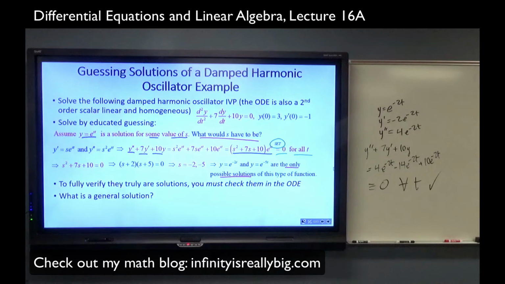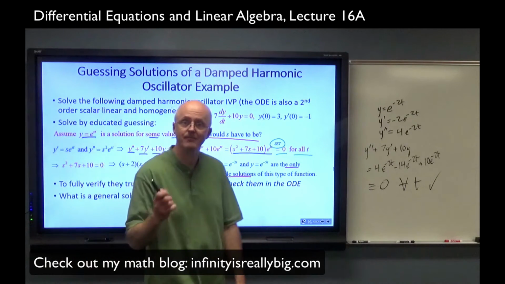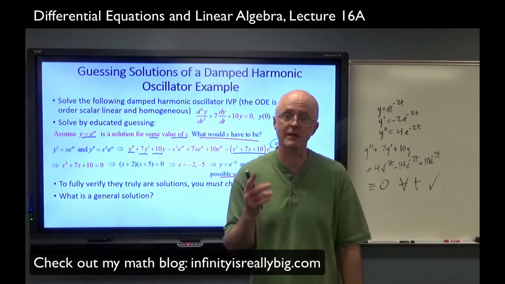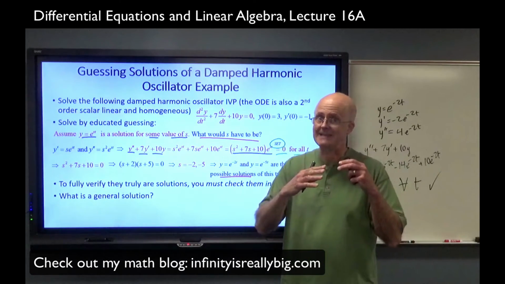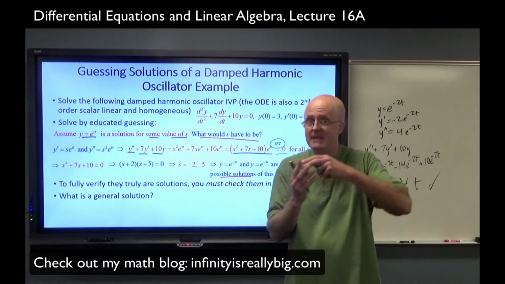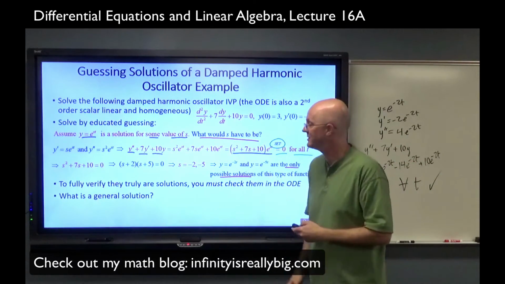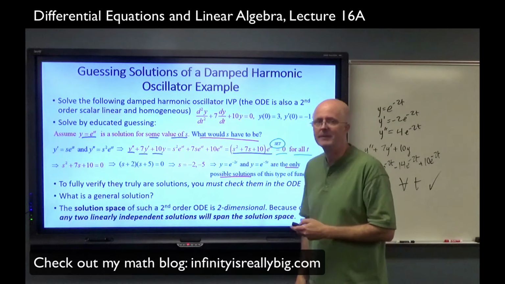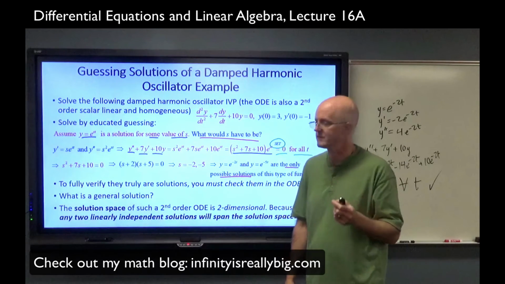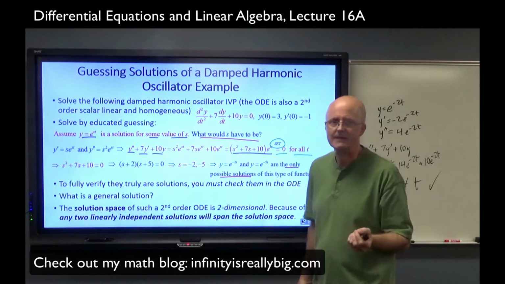How about the general solution? At this point we need some high-level linear algebra involving vector space ideas, which I introduced in lecture 15b and will continue in 16b, that apply to this kind of situation. What we're really after is something called the solution space when we're after a general solution. What's a solution space?